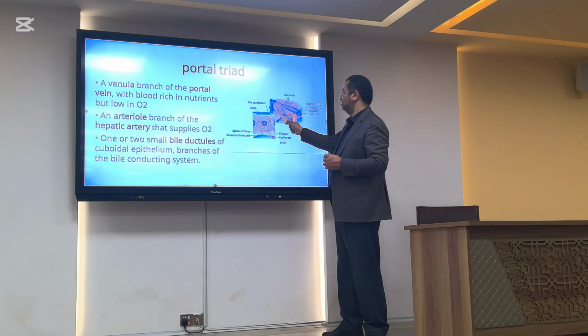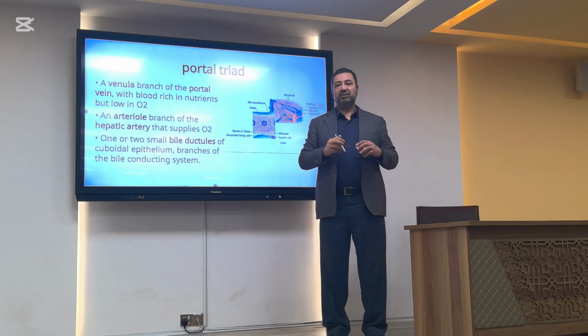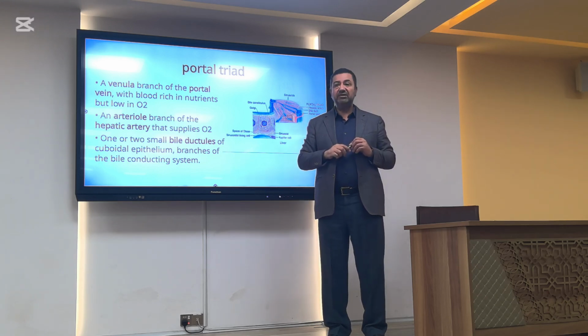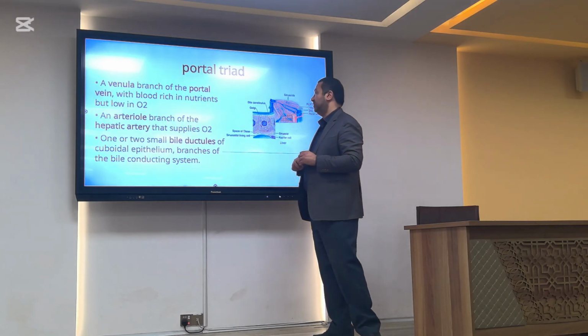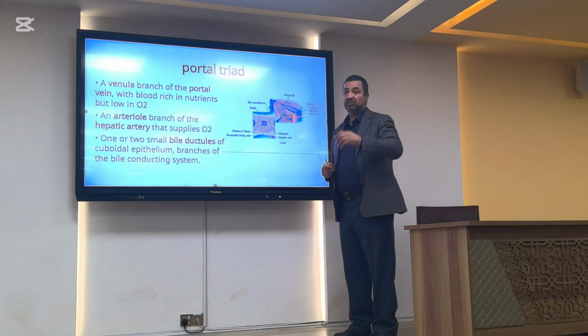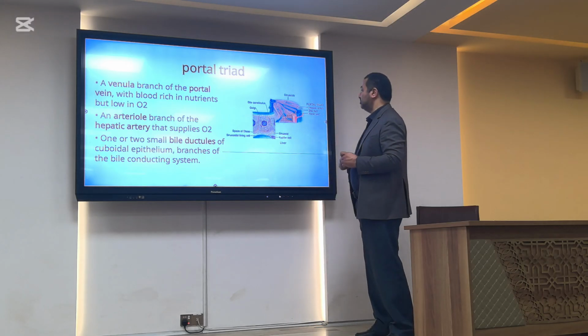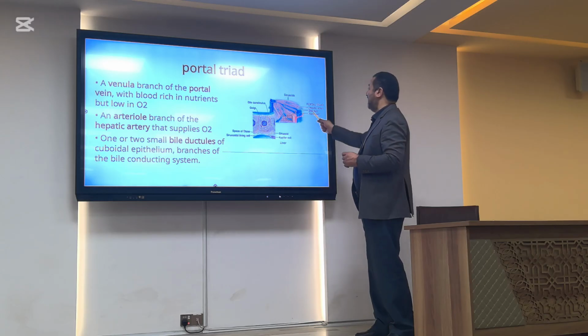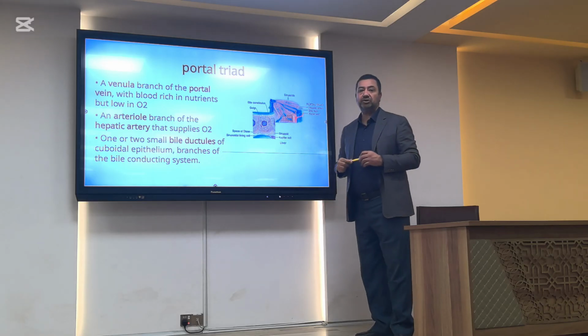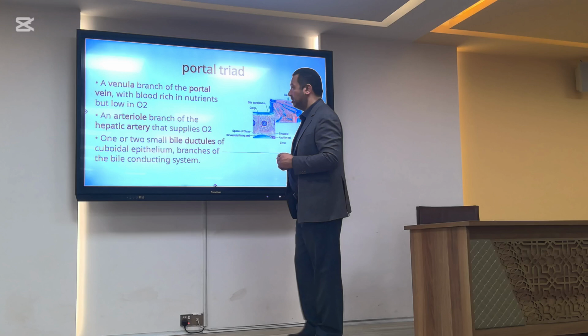Here is a classic lobule, and on the corners of these classic lobules there is a portal area, and in each portal area there is a portal triad. Portal triad is composed of a branch of hepatic artery, a branch of portal vein, and a branch of hepatic duct, or bile duct.